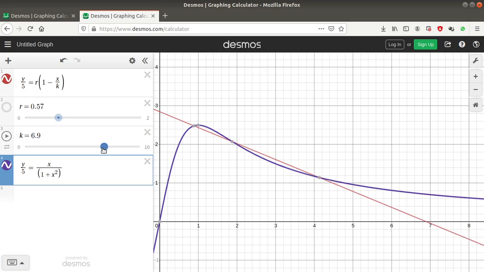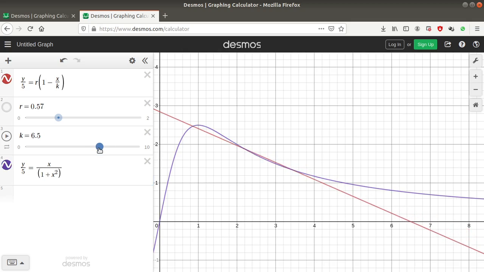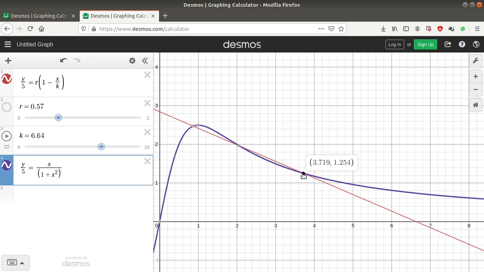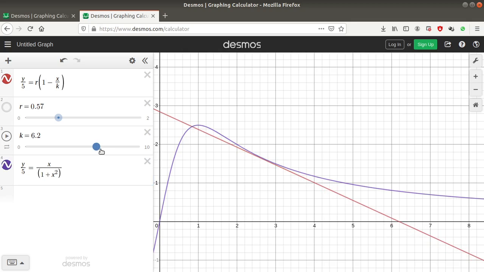It will keep on going down, and maybe after around this point, if you observe this fixed point and this fixed point, they approach together, collide, and vanish. That happened at something around 6. Earlier it was 10, now it has reduced to 6.